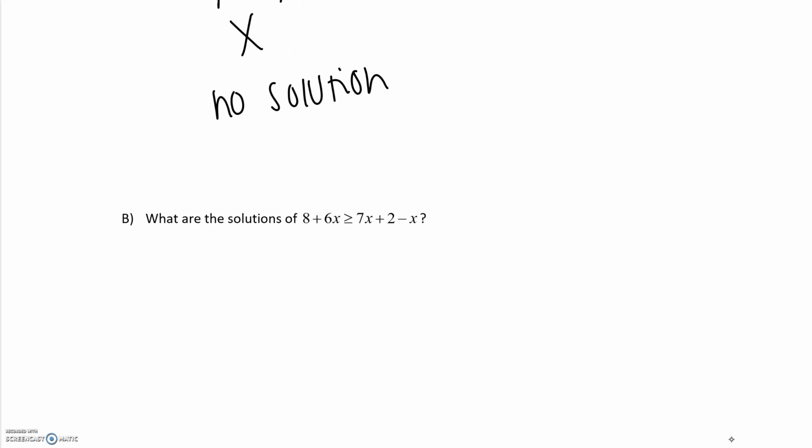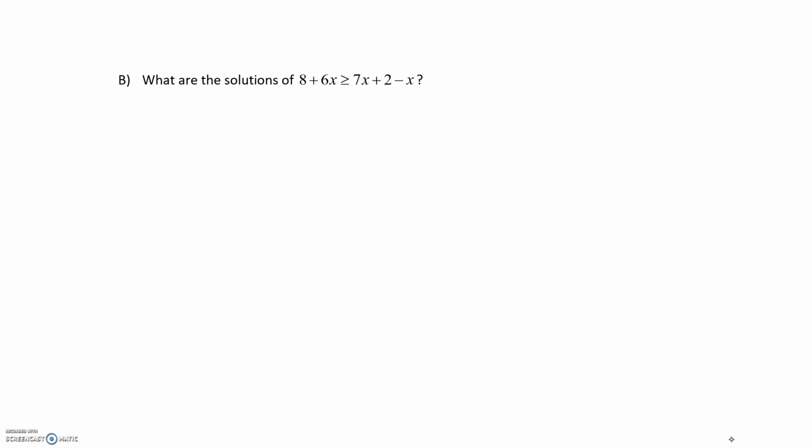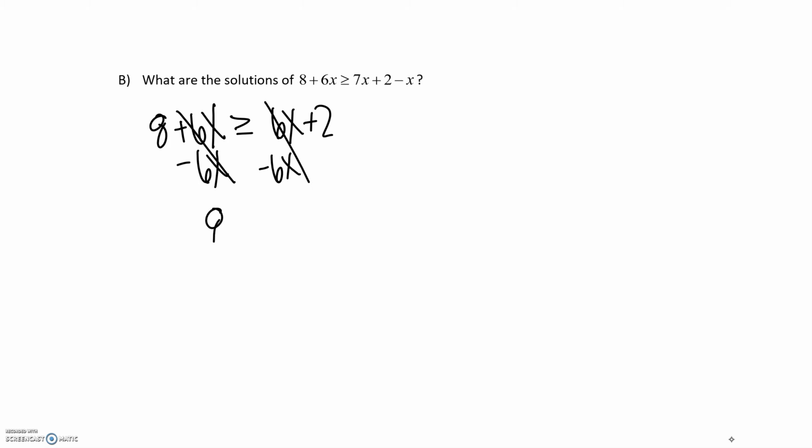And over here we should have 8 plus 6x is greater than or equal to 6x plus 2. So subtract 6x from both sides, cancels out, and that leaves us with 8 is greater than or equal to 2. That is true, so we have infinitely many solutions.